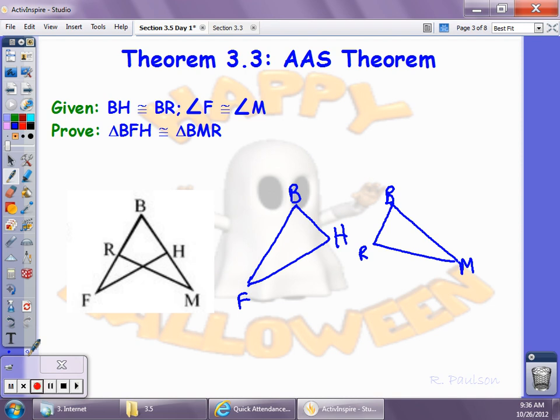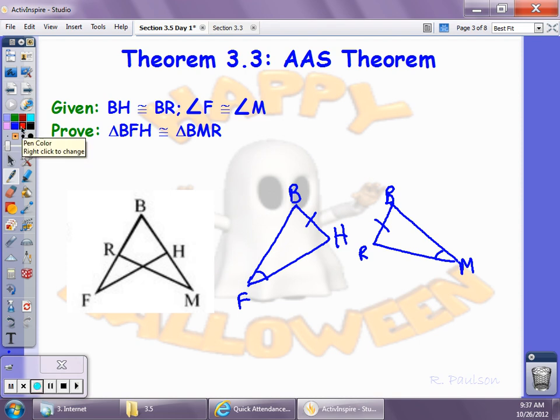So we are given that BH is congruent to BR. We are also given that angle F is congruent to angle M. And we want to prove that triangle BFH is congruent to triangle BMR. If you go back to the original diagram, you're going to notice that angle B is shared by both triangles.